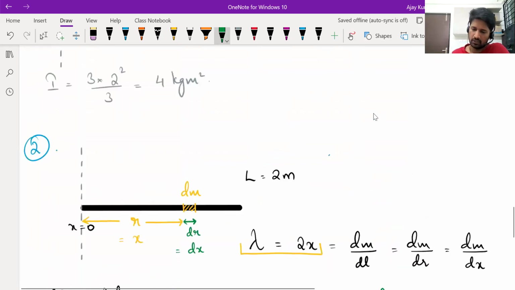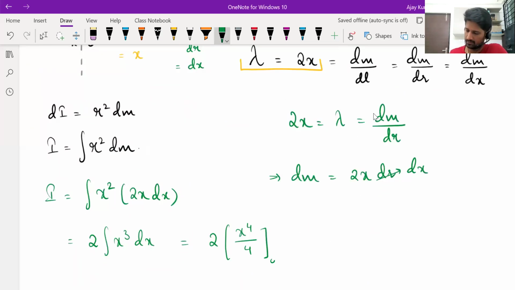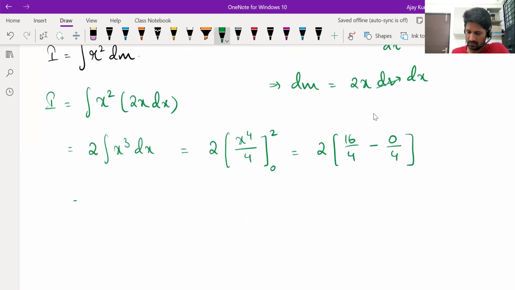To cover the complete rod, x should vary from 0 to 2 meters. So the limits for x will be from 0 to 2. Substitute upper limit first: 2 power 4 is 16 by 4, minus lower limit 0 power 4 by 4. So this becomes 8 kg meter square. Correct.